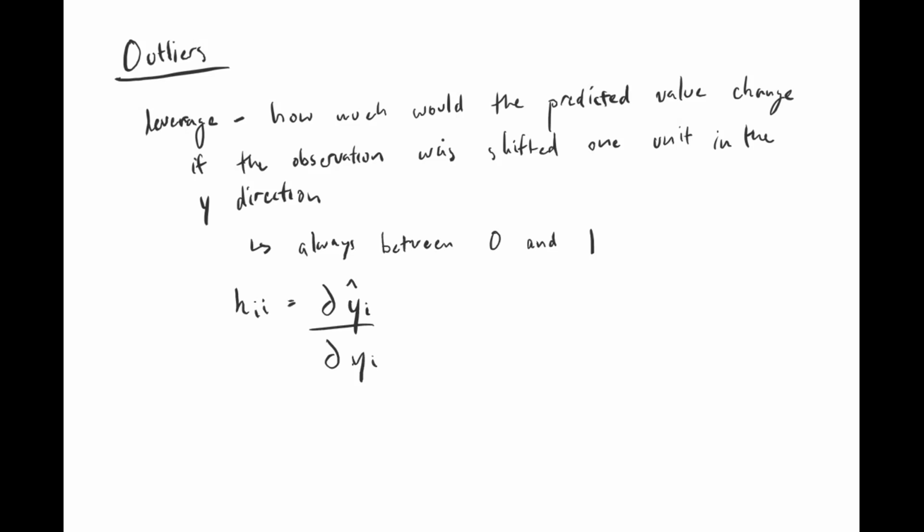So essentially, you're going to take a point and shift it by 1 unit in the y direction. And in doing so, you'll see that your predicted value is going to change by some amount. And the proportion that it changes by is known as the leverage.